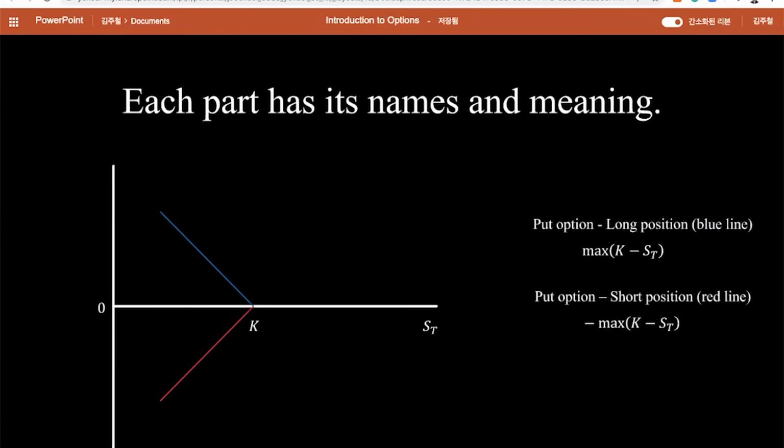So sometimes we say that a person is in the long position of the put option, but sometimes we say that somebody bought the put option. That means if I am in a long position of the put option, I have bought the right to sell some products. So it's confusing. I bought something, but that something is the right to sell something.